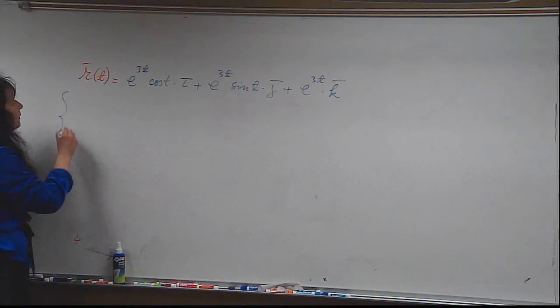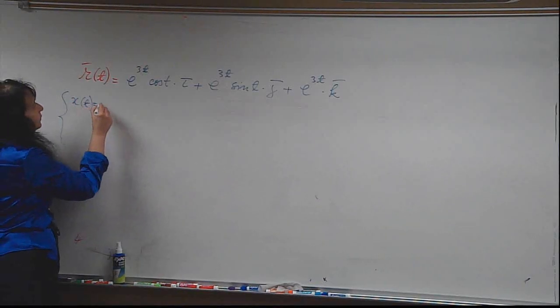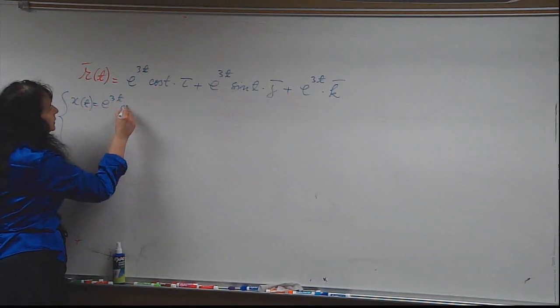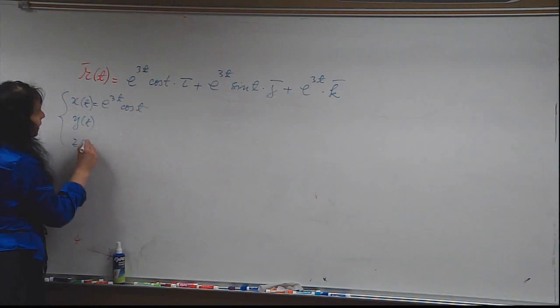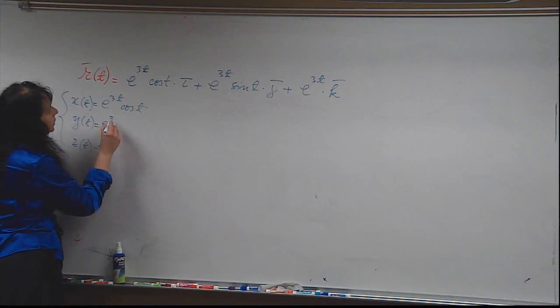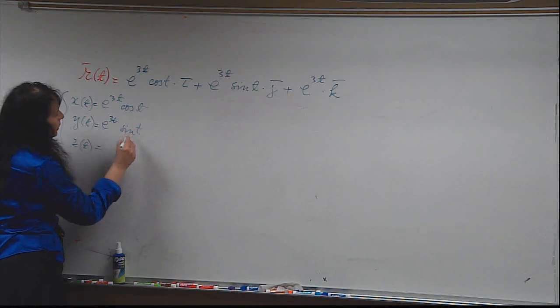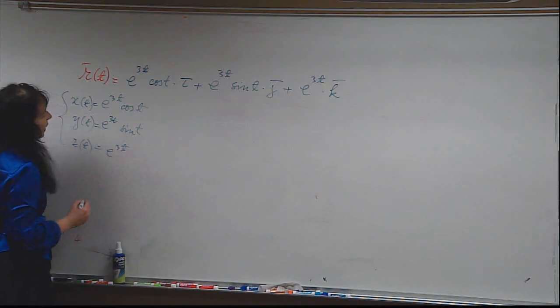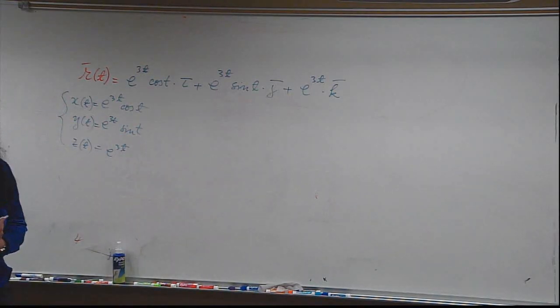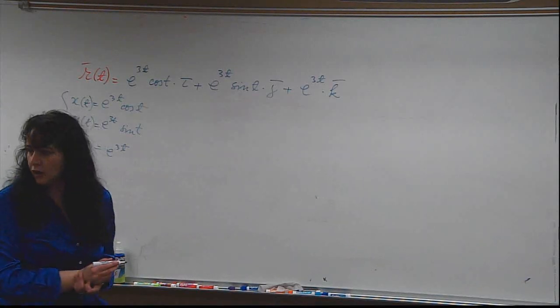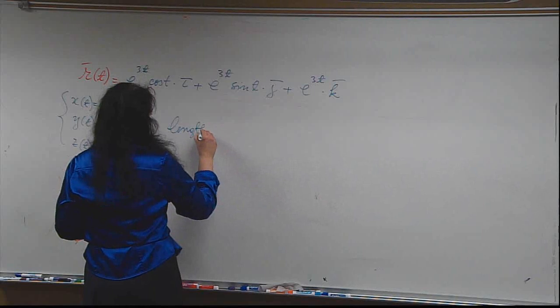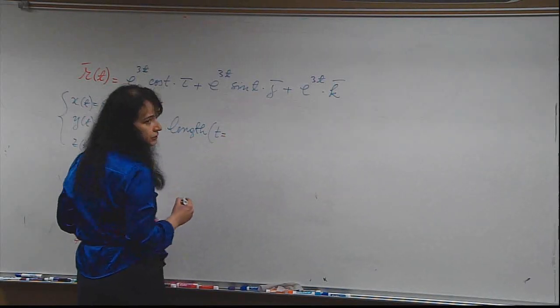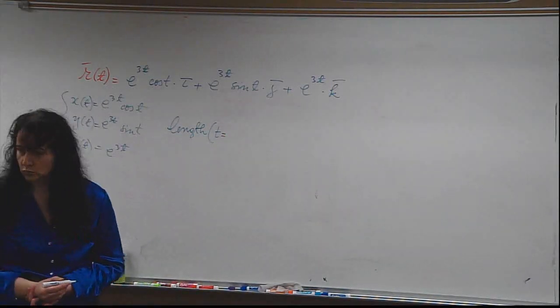So since you love parameterization so much, I'm going to remind you what that means. What x and y and z are. And what did they want from you? I forget what number of the problem that was. They wanted the length of the arc of a curve from t equals, I don't know, 2 to 5.